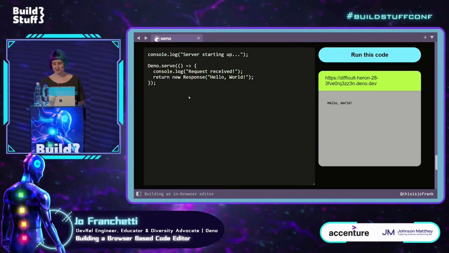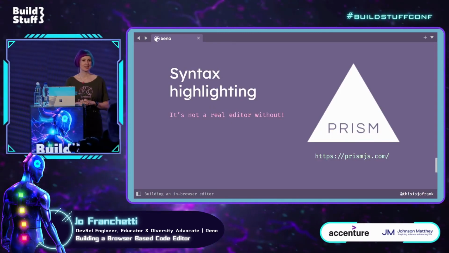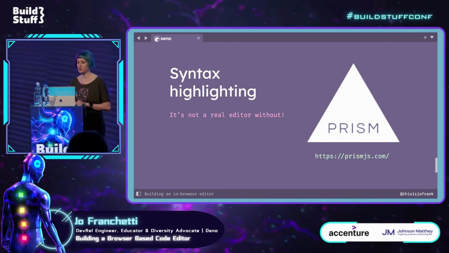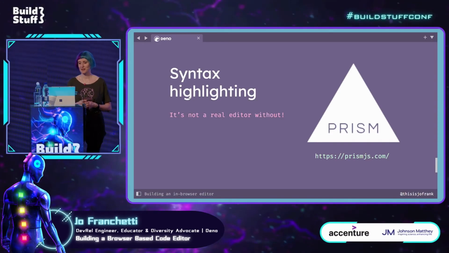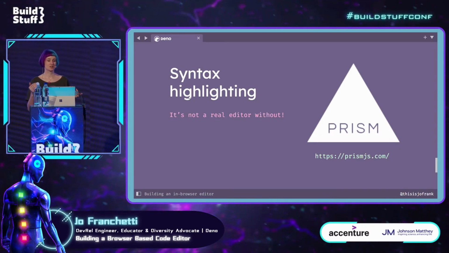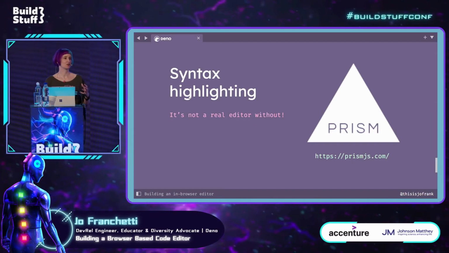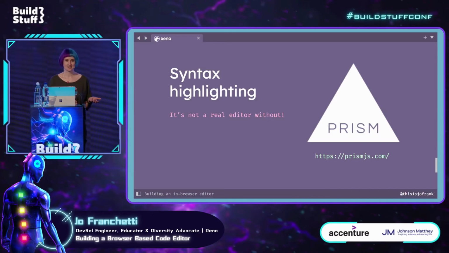Read through every single word that is typed in, work out what color it needs to be. So I'm going to use PrismJS and specifically their TypeScript and JavaScript components to apply the styles to my editor. They've got a really nice, easy-to-use NPM package that we can just import, and that's going to wrap all the text in spans and then apply CSS styles to those spans.